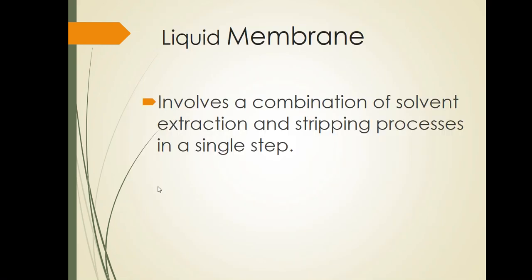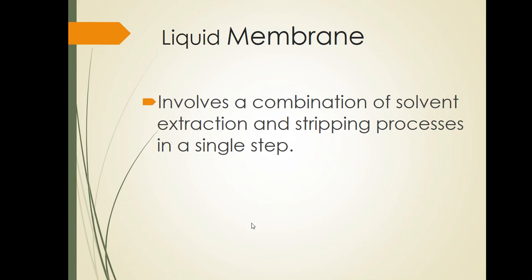Now, the last membrane separation process is the liquid membrane. It involves a combination of solvent extraction and stripping processes in a single step. And if you recall in the previous discussion, even in a membrane separation process applied to a gas, there is at times an optional liquid or gas that is added.